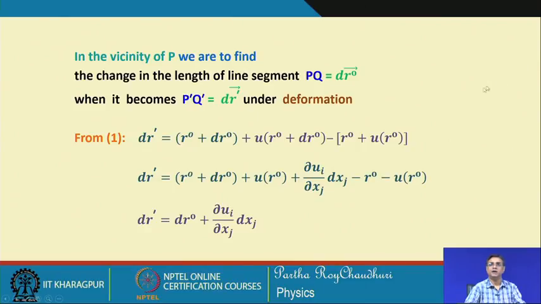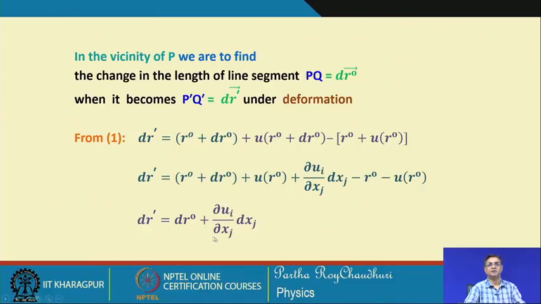Now you would like to know how much change this P Q element has suffered when it has become P dash Q dash. So, P dash Q dash minus P Q will be the change, and this d r dash can be represented as we have seen. So, this is the effective element.